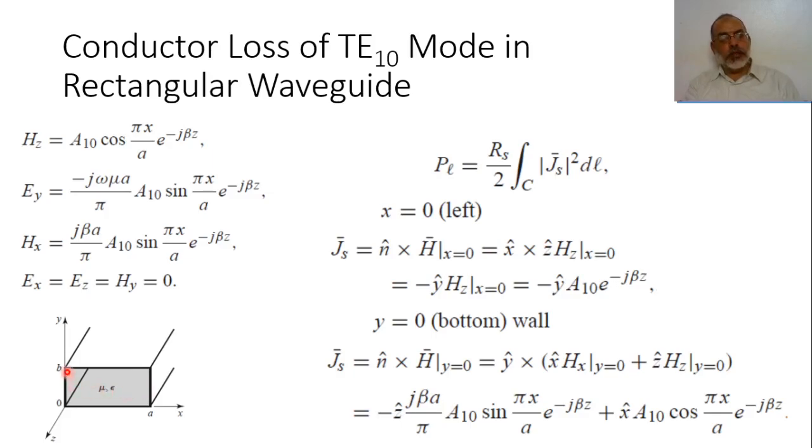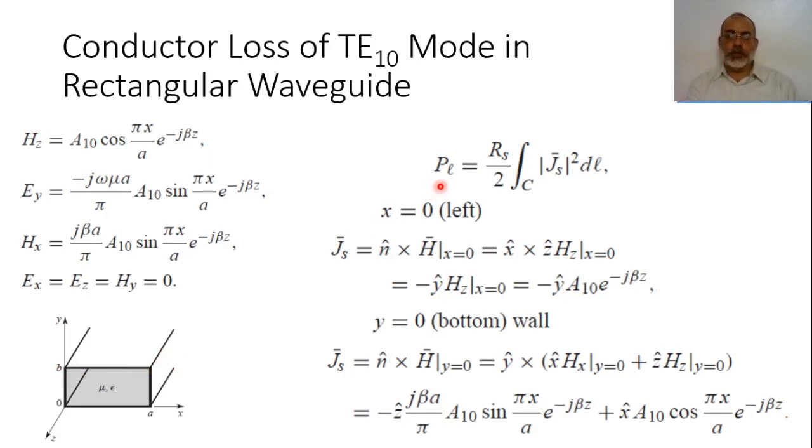On the other hand, for the plates x equals 0 and x equals a, we have tangential magnetic field Hz, but we don't have Hy. So in these two plates we have Hz only.